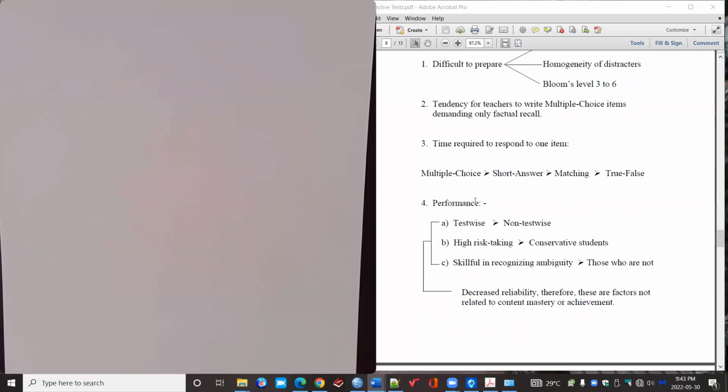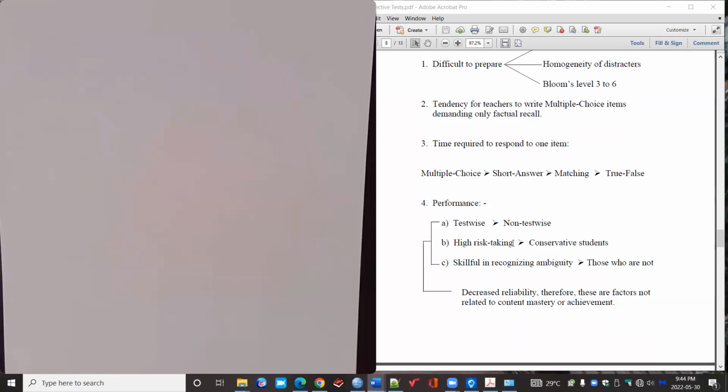Performance in multiple choice tests: all those who are test-wise, like all of you, not much, but perform significantly better than those who are not test-wise, especially if the test is not properly constructed. High risk taking means an inclination to guess.